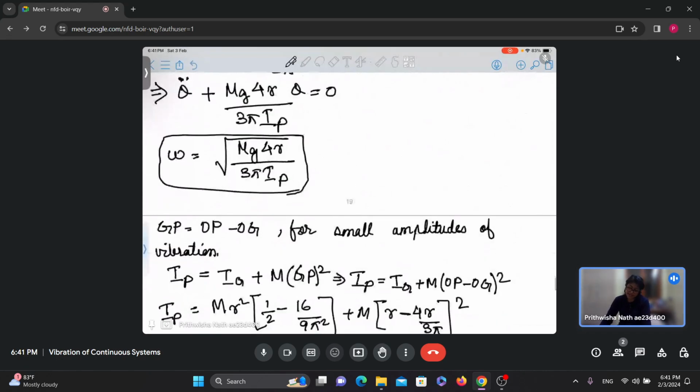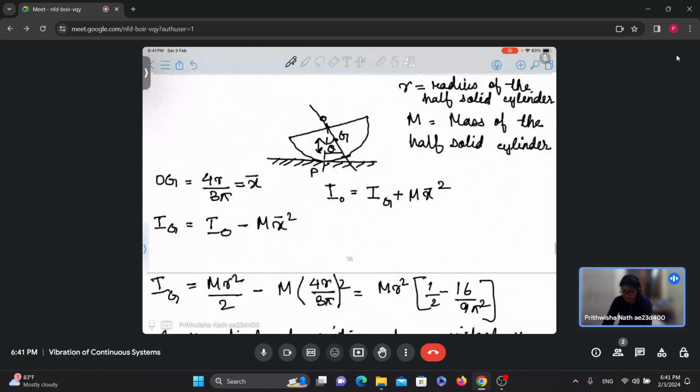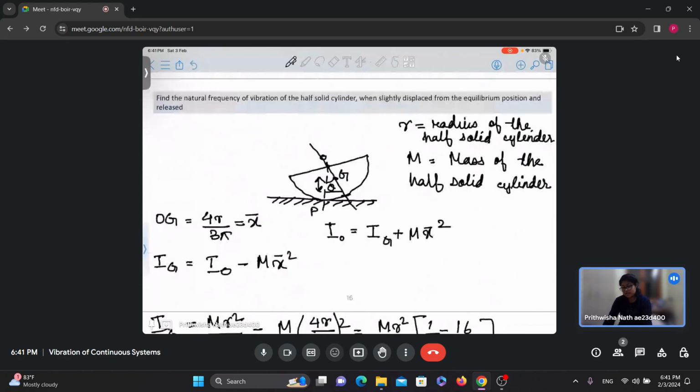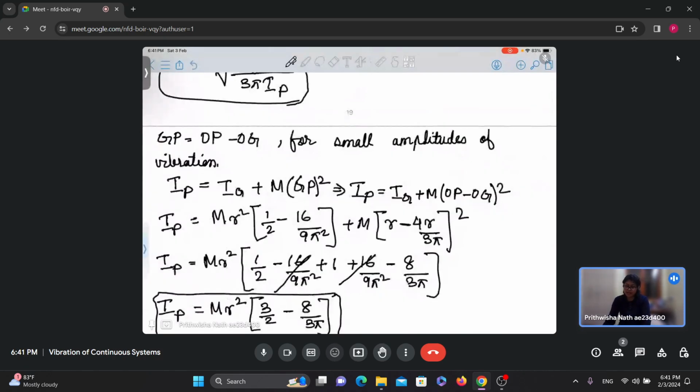GP can be seen to be OP minus OG from this figure. GP can be written as OP minus OG, and this is of course for small displacement, small amplitudes. So Ip, again using the parallel axis theorem, Ip can be written as IG plus M into GP square. Now I simply substitute OP minus OG in place of GP.